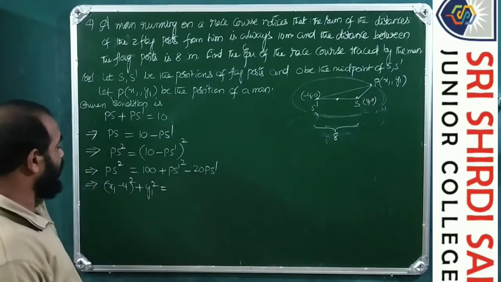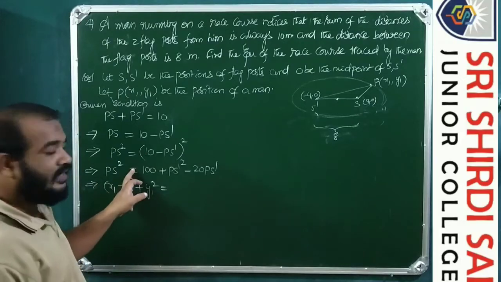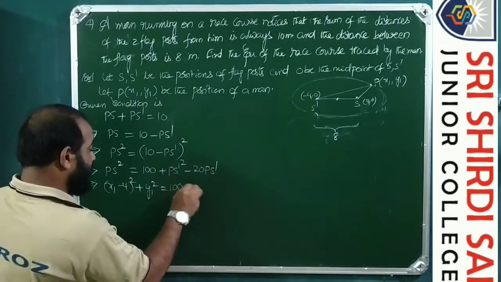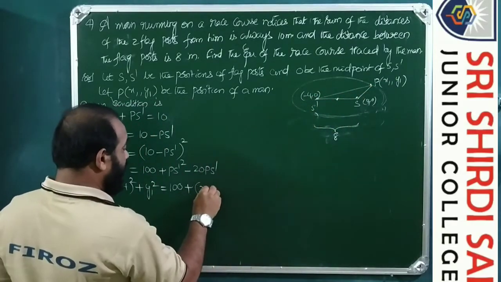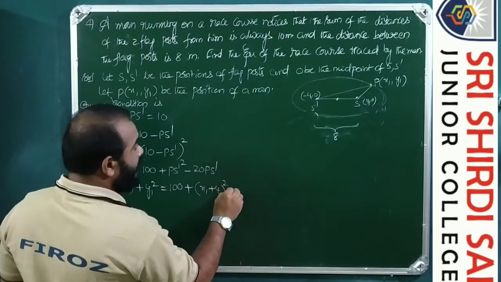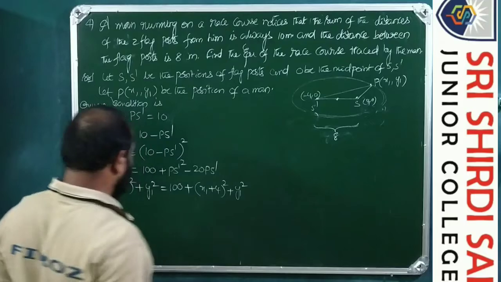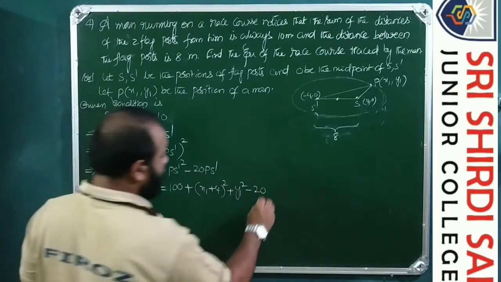So 100 plus PS dash square, which is (x1 plus 4) whole square plus y1 square, minus 20 into PS dash.